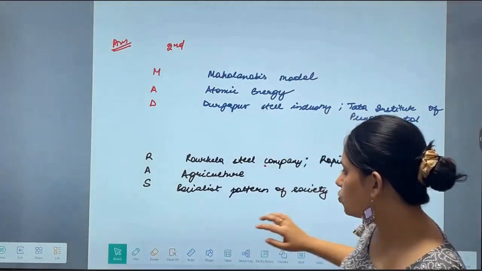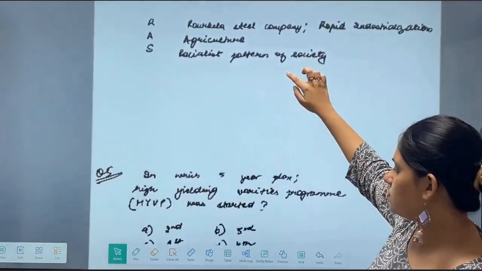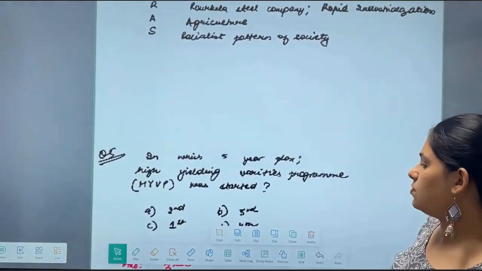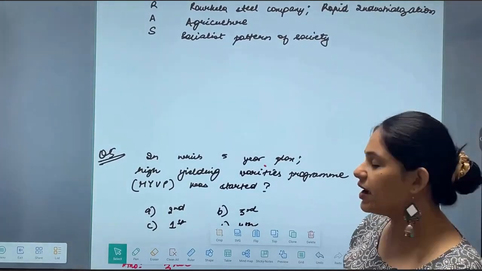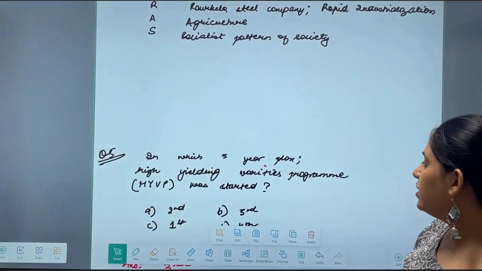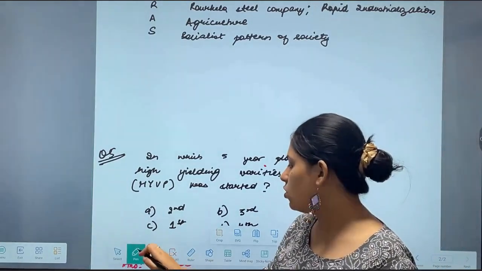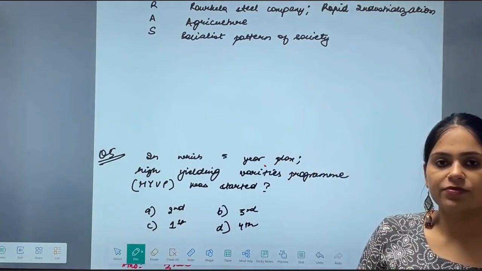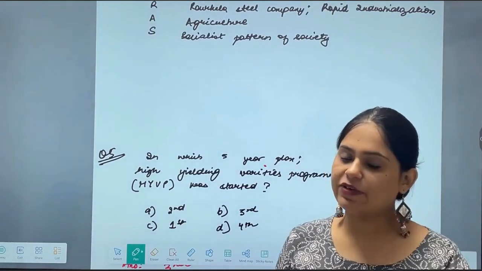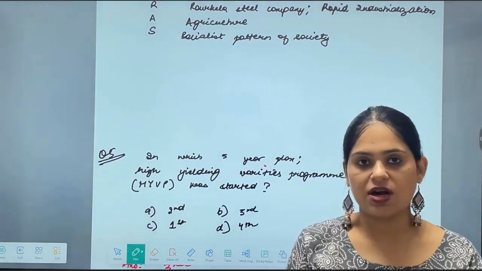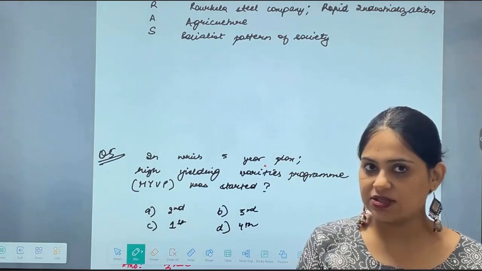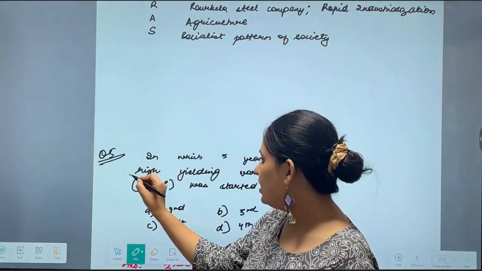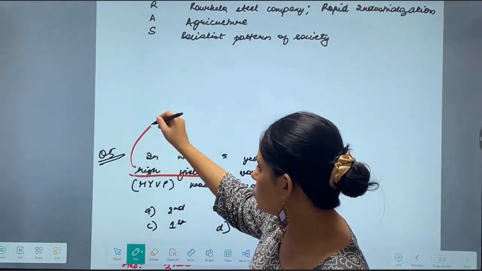So the next question for you is this. In which 5-year plan was the high yielding varieties program started? Try to understand this again. High yielding means I need high yield crops.